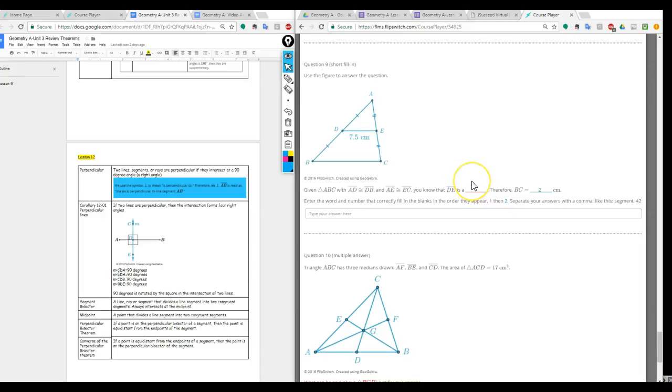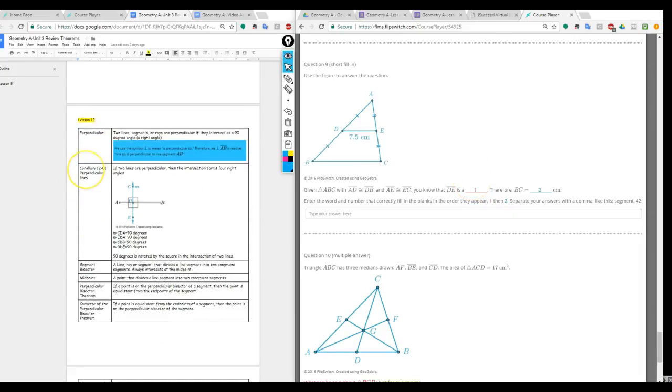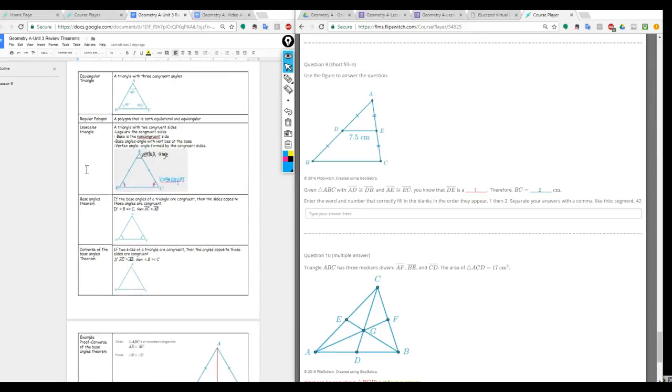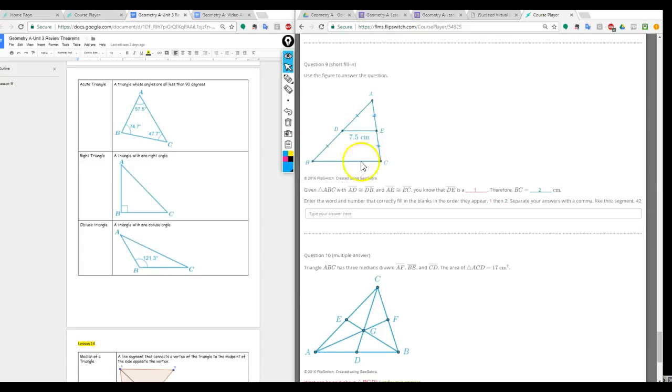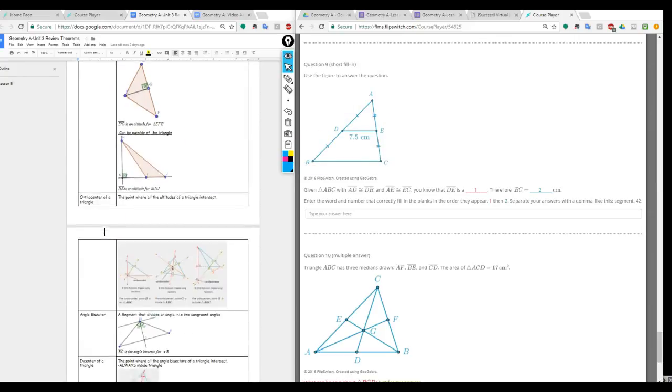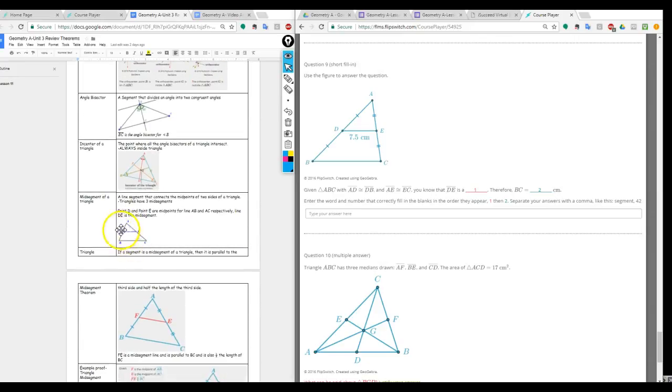Okay, if we're looking for definitions, I'm going to be scanning for a picture that looks like this in our notes. Oh, look, that one looks like it. Mid-segment of a triangle. Okay, a line segment that connects the midpoints of two sides of a triangle. Okay, which is true. DE connects the midpoint D and the midpoint E.